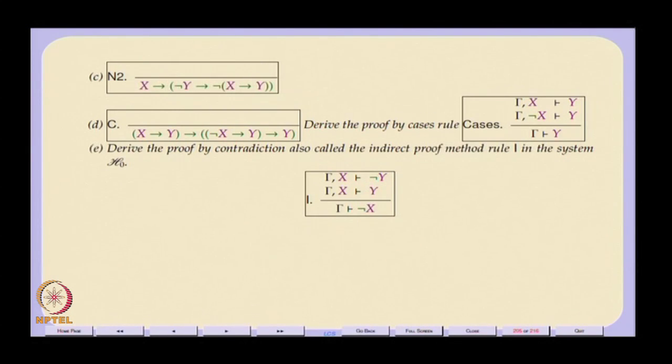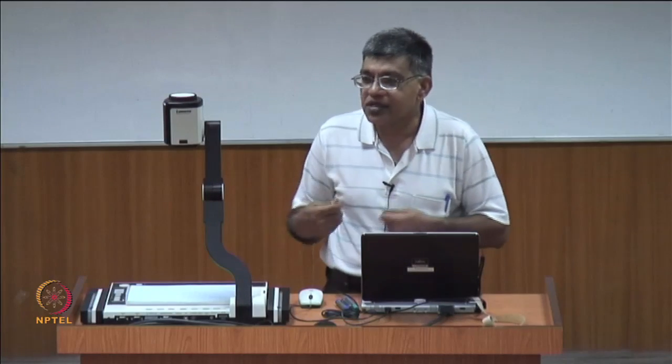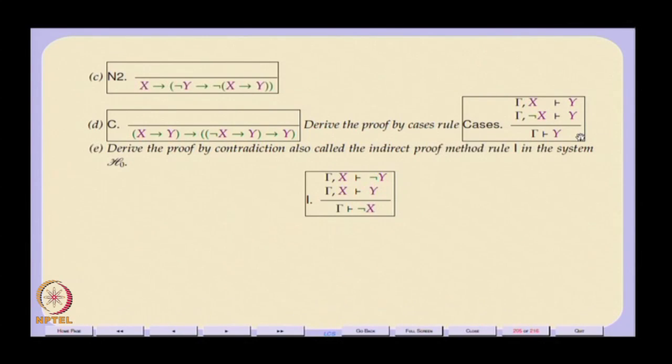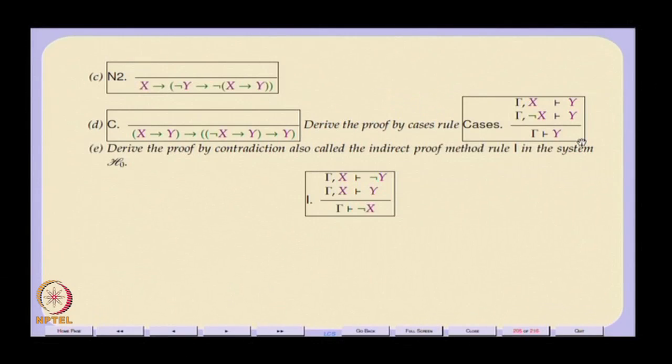There are two ways to interpret this: either the truth of y depends only on gamma and does not depend on x or not x, or, as we very often do in case analysis, there are two possible cases, either this is true or this is false, and in both cases it leads to y. So you can think of this as justifying proof by cases, and the Hilbert system allows you to derive this rule, and therefore allows you to use proof by cases.